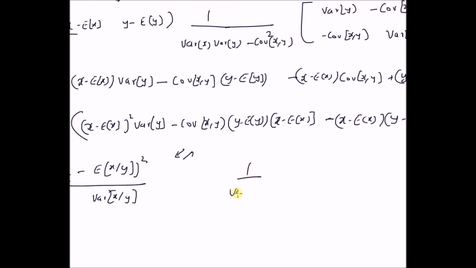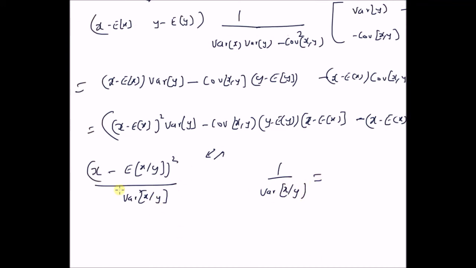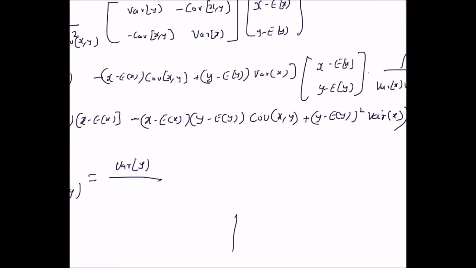1 by variance of x given y, that is this denominator, should be equal to the coefficient of the quadratic term, that is x square by variance of x given y. So we have 1 by variance of x given y is equal to the coefficient of the quadratic term, which is variance of y divided by the denominator right here.